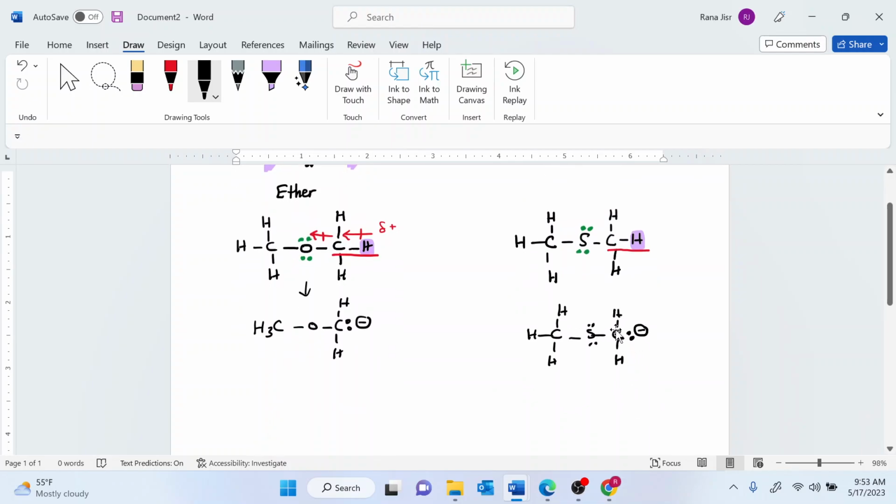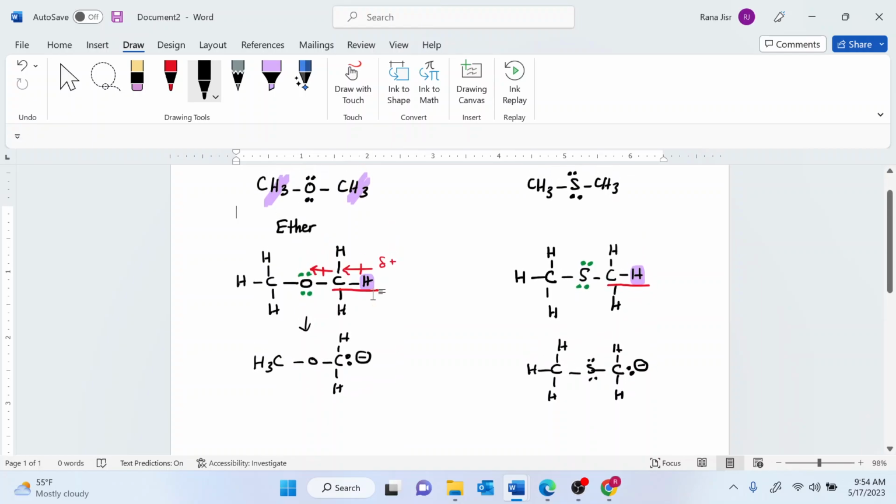But the pull of electrons is going to be more towards the oxygen rather than the sulfur. So that is going to stabilize this ion more, and it's going to make this hydrogen more acidic.